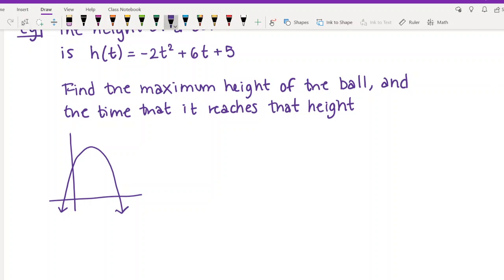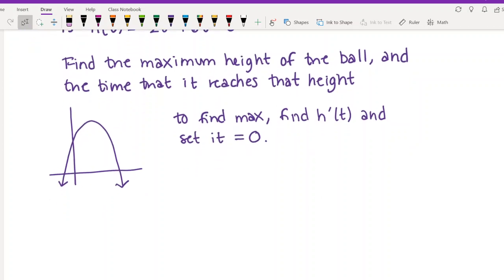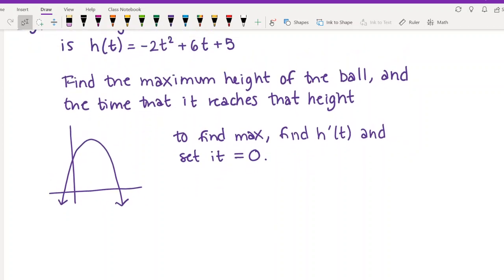So to find the maximum, we're going to find h prime of t, and we're going to set it equal to 0. If we take the derivative of h of t, we get h prime of t equals negative 4t plus 6.